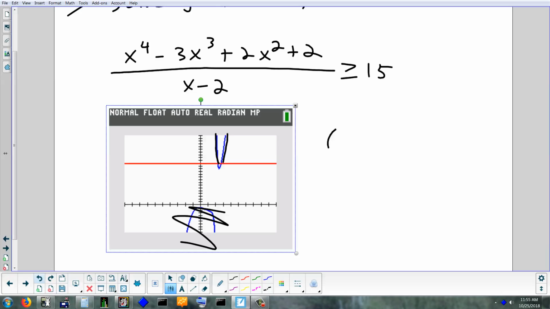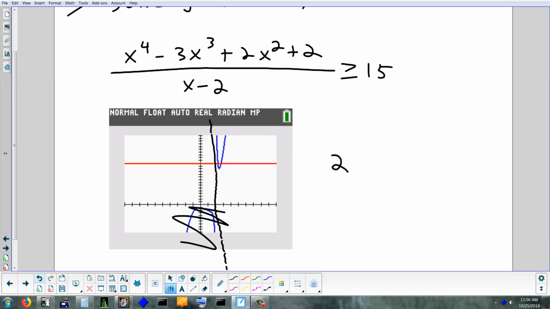So we're going to have 2 intervals. And the lower bound on this first interval is going to be right there. Where did I just put a vertical line? At 2. So the graph in blue will be above the graph in red from 2.